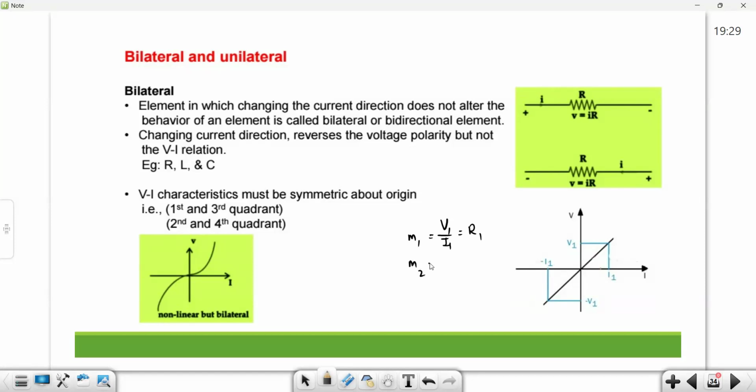M2 is equal to minus v1 by minus i1, and the minus signs cancel. So v1 by i1 is equal to r1. Even though the current direction is changed, you are getting r1, same as when the current direction is positive. That means this is a bilateral element. Just a simple example.